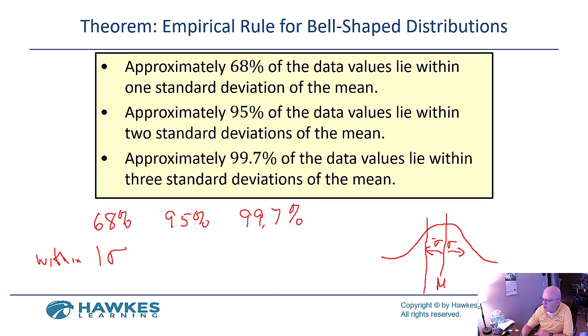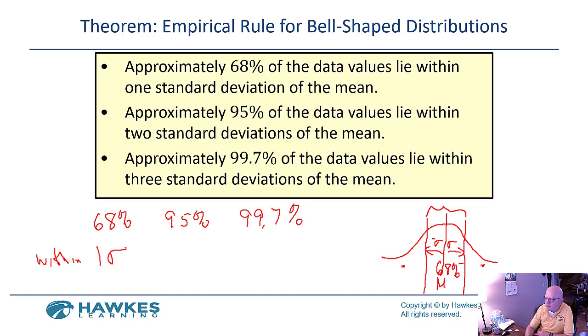That takes you here, takes you here, and what this says is, with a bell-shaped distribution, 68% of all the data fall within those two. 68% of the data are here, which means 32% fall in this area or this area.